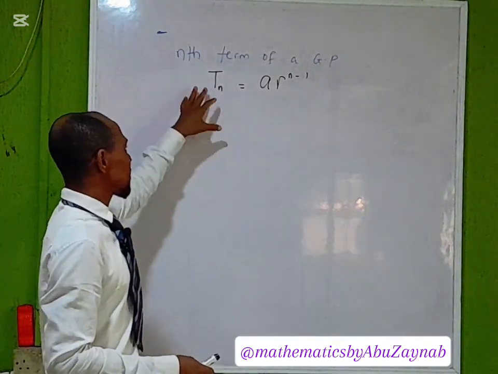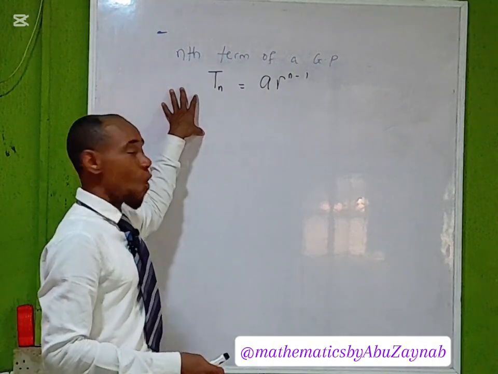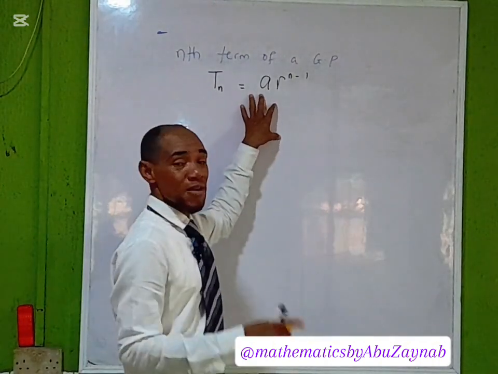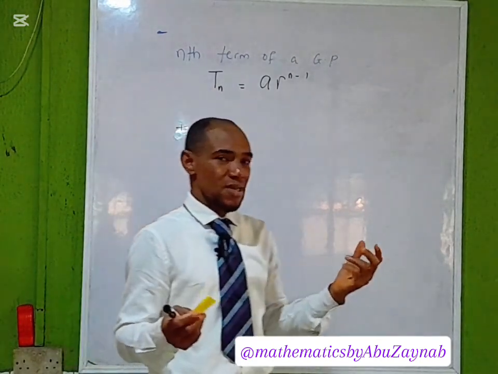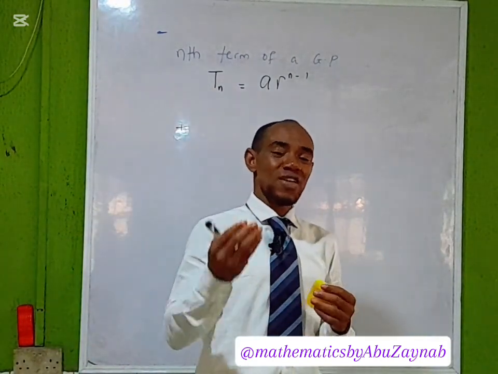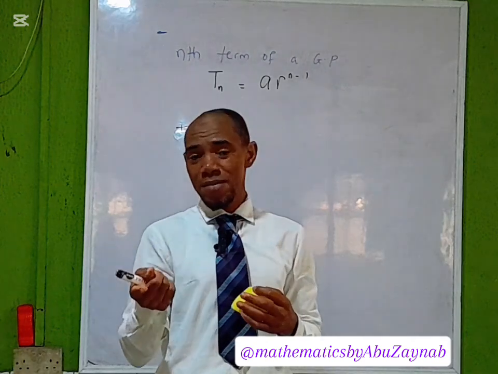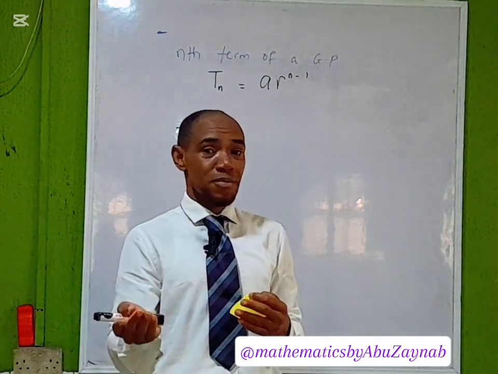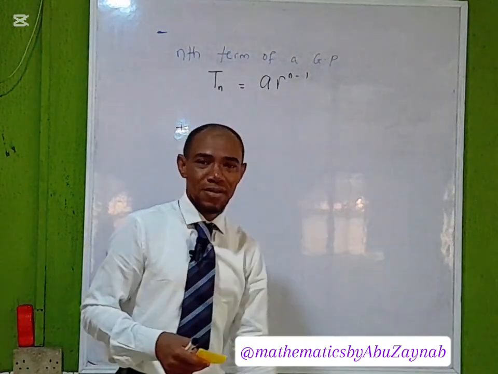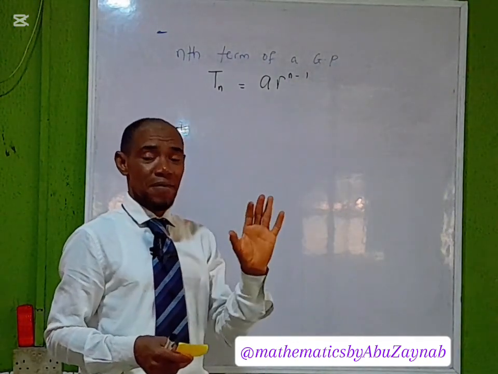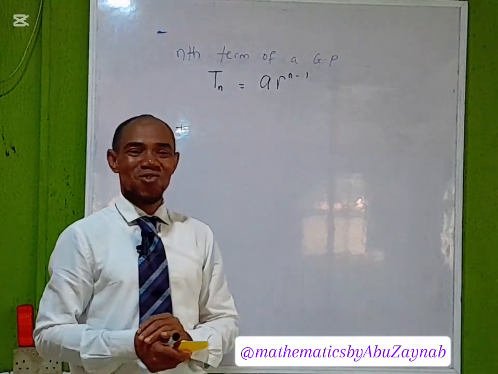Here I explained that Tn stands for either the nth term or the last term. A stands for the first term of the sequence. R is the common ratio, which I explained is obtainable by dividing the second term by the first term or the third term by the second term. And the value n simply stands for the number of terms available in the sequence in question.